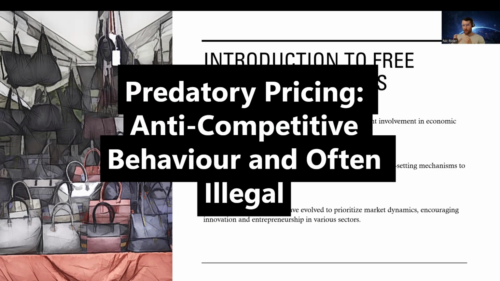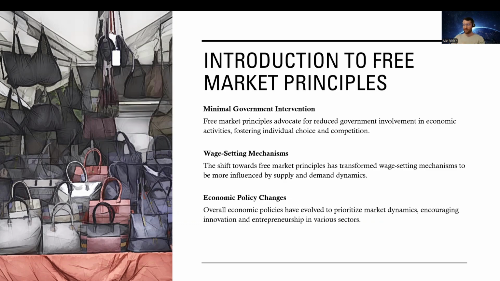So there are a few pros and cons with a free market-based system and its principles. Basically, free markets work on minimal government involvement in economic activities, fostering individual choice and competition. So it's just about allowing choice.